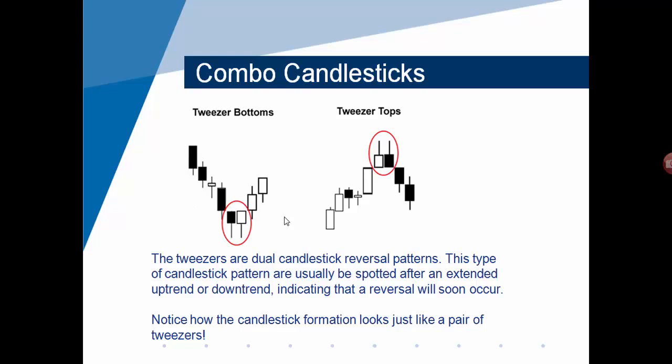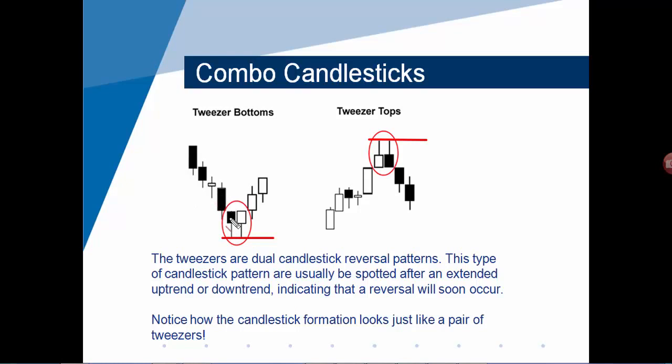Notice how the candlestick formation looks just like a pair of tweezers. So one thing to keep in mind is that the depth of the shadow itself should be of equal length, and the height of the wick should be of equal length to your previous candle. Also, the colors of the candles are significant.